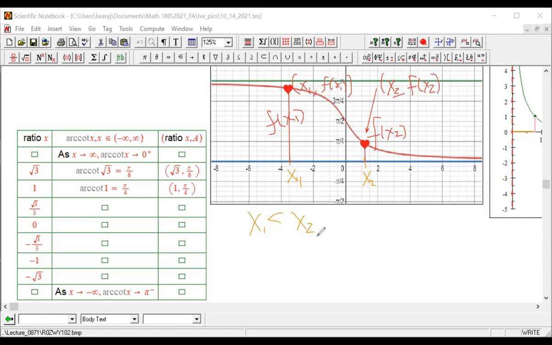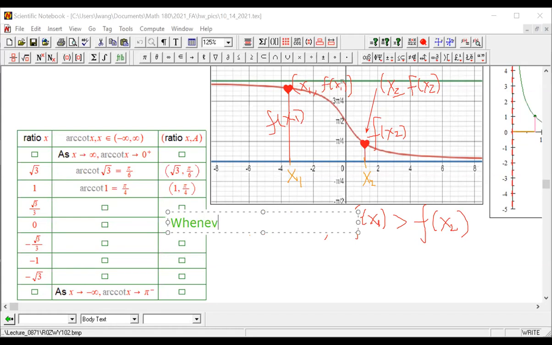Whenever x1 is less than x2, f of x1 is larger than f of x2. The key word here is whenever. And this is the case which is decreasing. Does that make sense? And then we can look at increasing.